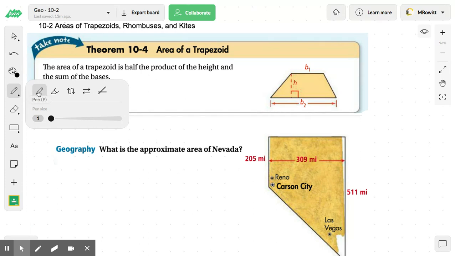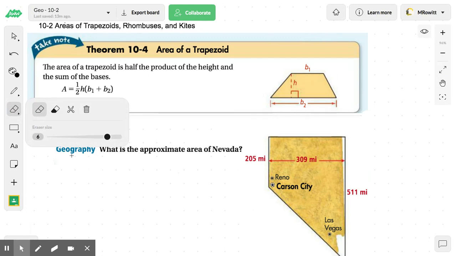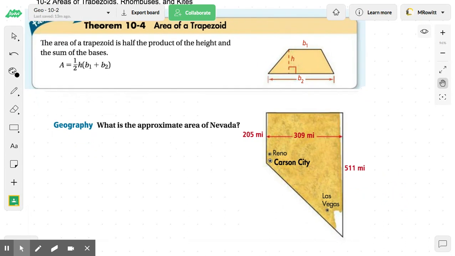Okay, so if I look at the problem below, if I am trying to find the approximate area of Nevada, they give me information. They tell me that this distance here is 205 miles. This side over here is 511 miles. And then the overall width is 309 miles.